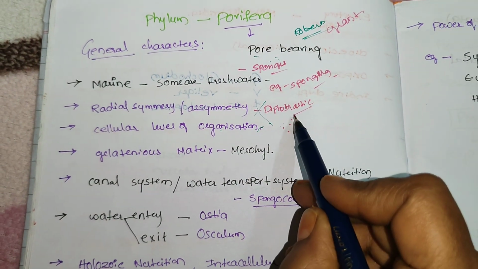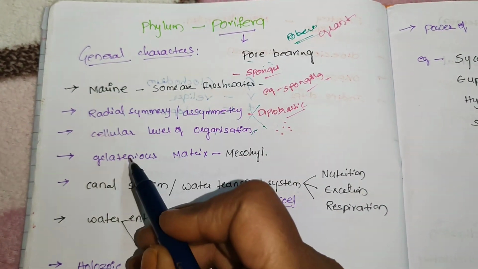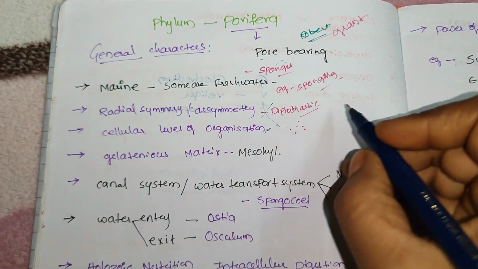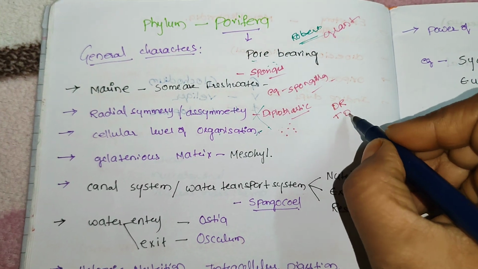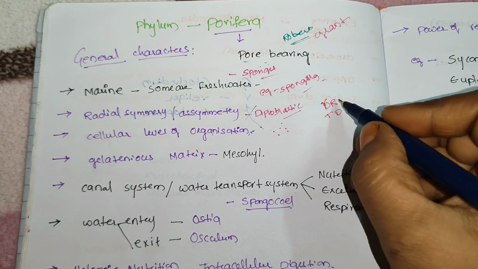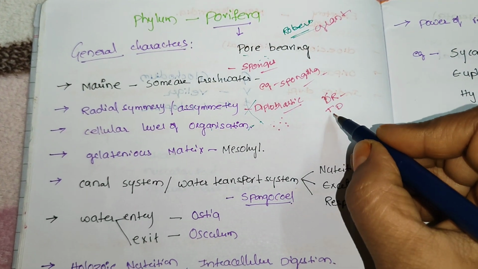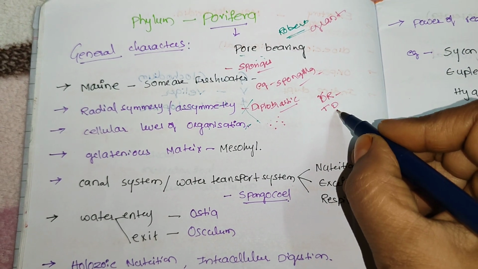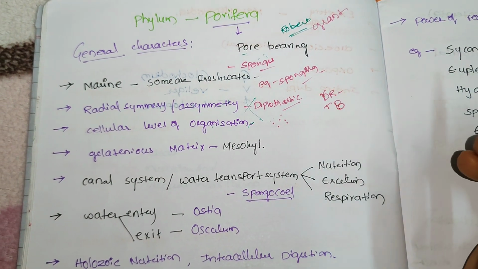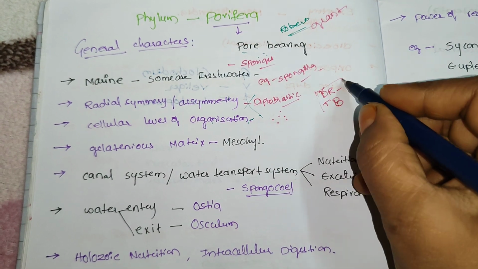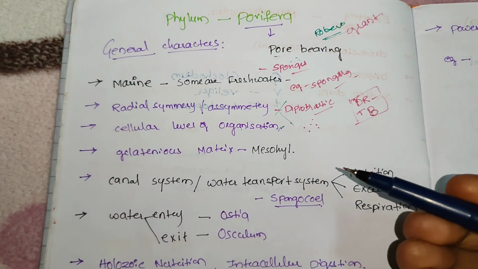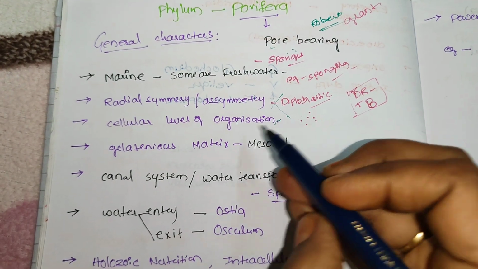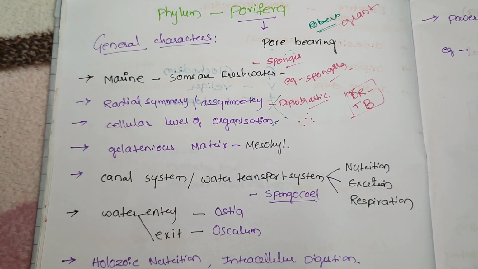Diploblastic animals show radial symmetry, some are asymmetrical. I already gave a code, Dr. TB: all diploblastic animals show radial symmetry, and all triploblastic animals show bilateral symmetry. So Porifera is cellular level of organization, diploblastic, showing radial symmetry.